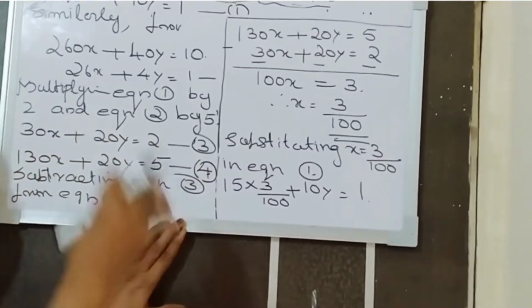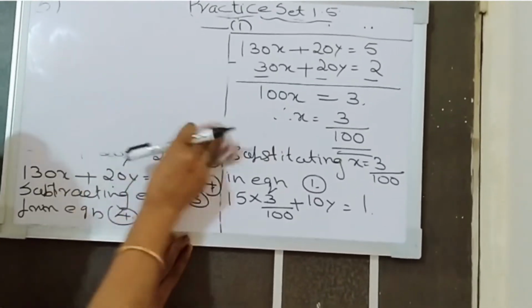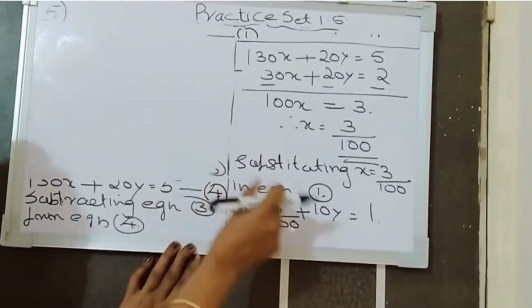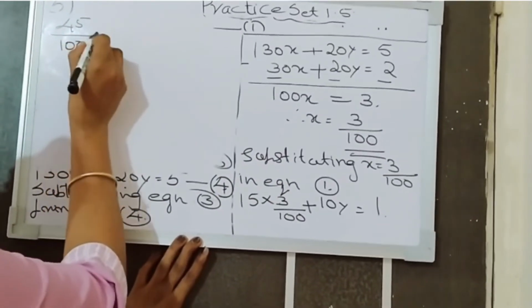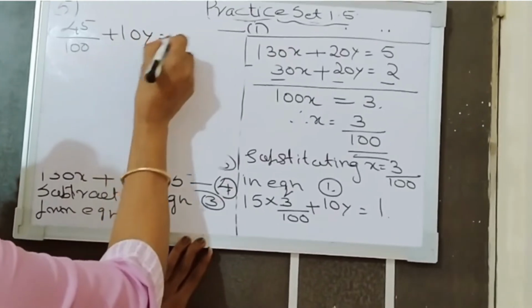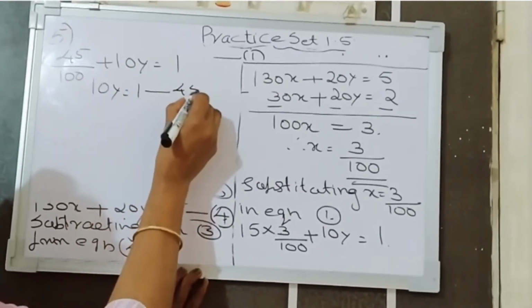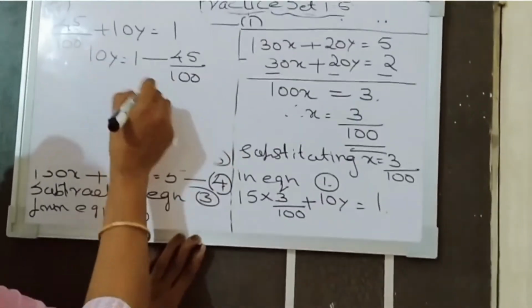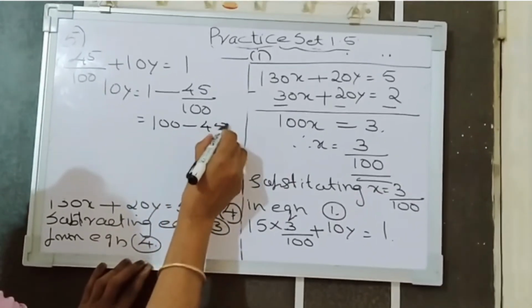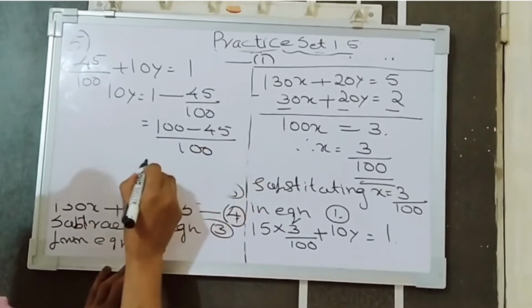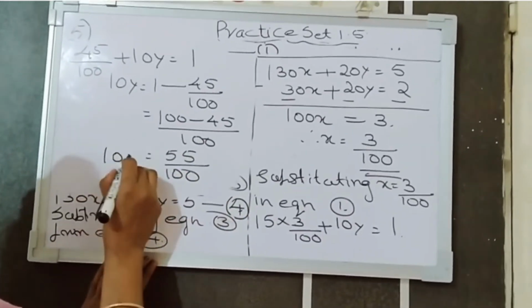Therefore 5 3s are 45, 45 upon 100 plus 10y equal to 1. Therefore 10y is equal to 1 minus 45 by 100. Equalize the denominator. Therefore this is 100 minus 45 by 100. Therefore 55 upon 100 is equal to 10y.